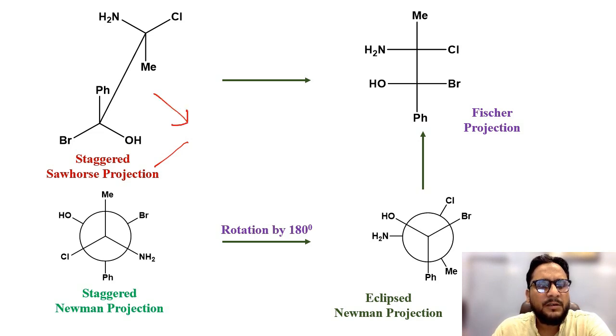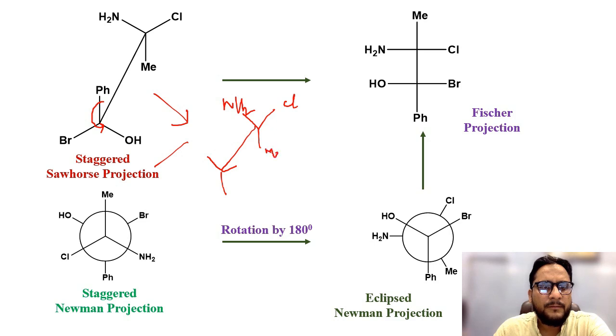So first of all, by 180 degrees the front carbon will be rotated, and there will be no change in the back carbon. In the back carbon we have NH2 over here, then Cl over here, then Me over here, and when we rotate this carbon, Ph, the phenyl ring, will come to the bottom, and the positions of OH and Br will be replaced. OH will come this side while Br will go this side.